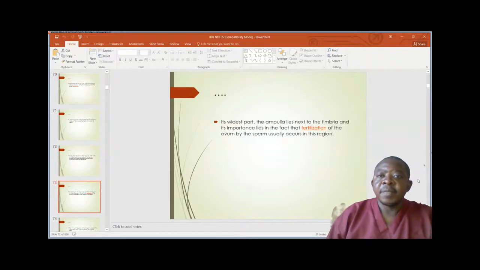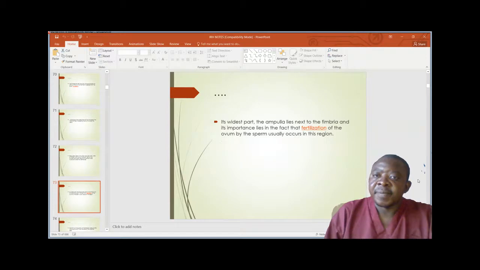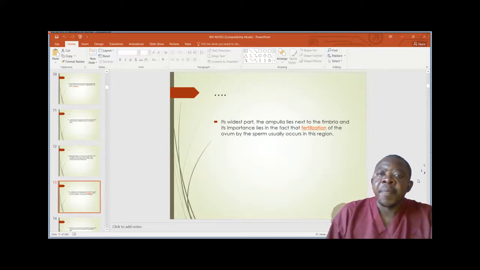Its widest part, the ampulla, lies next to the fimbria, and its importance lies in the fact that fertilization of the ovum by the sperm usually occurs in this region.